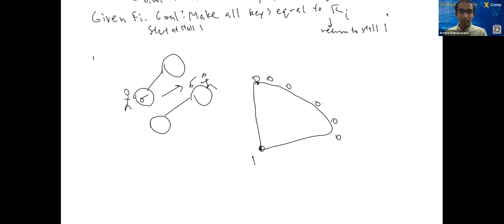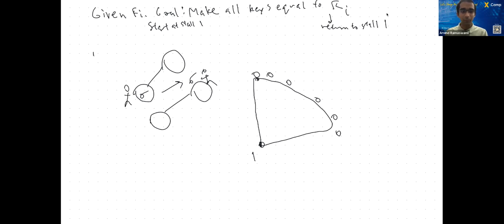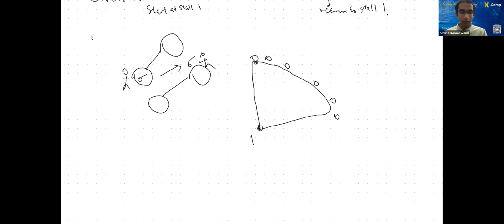So how do I explore all the stalls? Let's say I've explored this amount, and I'm at stall number 1. If I want to visit neighbor i, it must be the case that S1 is equal to the color of neighbor i.